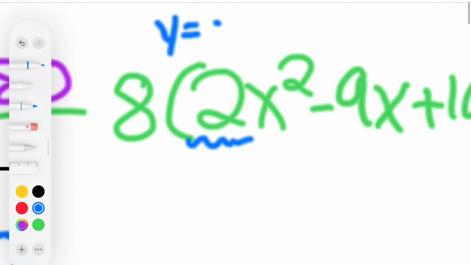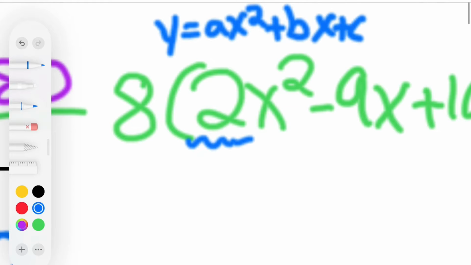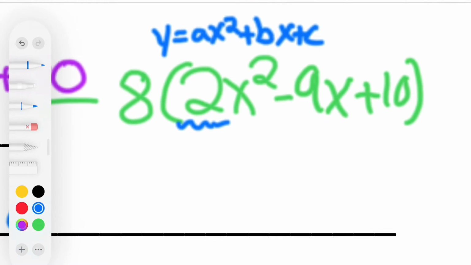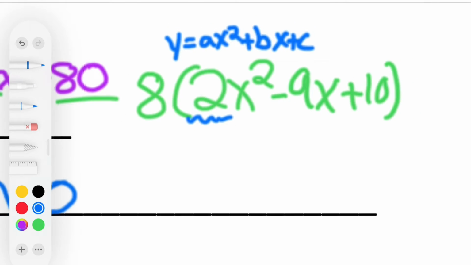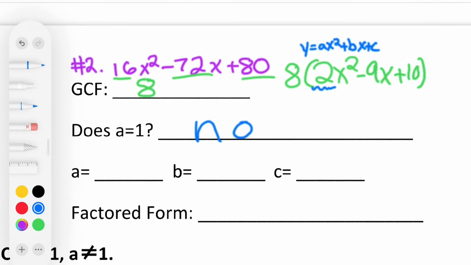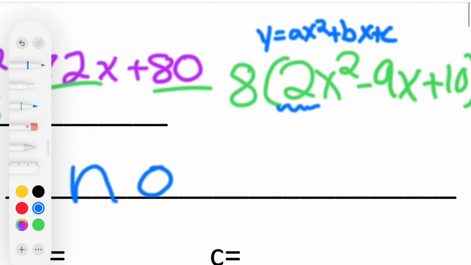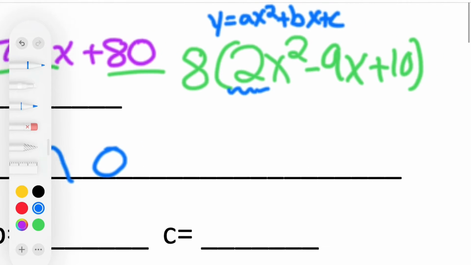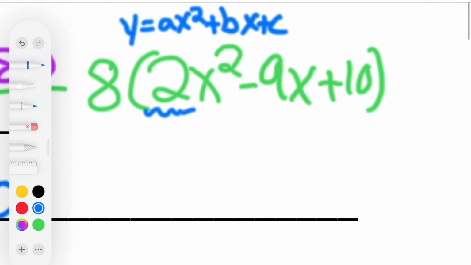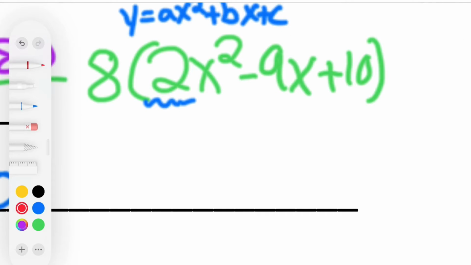If I had my y equals ax squared plus bx plus c, my A is always the coefficient of x squared. So no, it does not equal 1. So if our A does not equal 1, then we have to slide and divide. So we're going to take our 2, or our A, and slide it to our C.